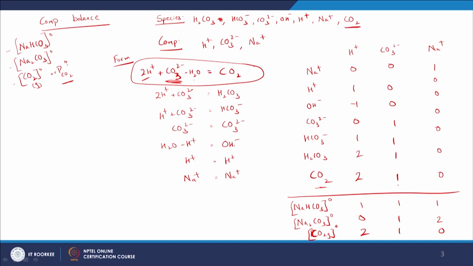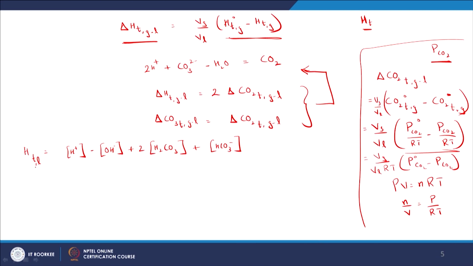Let us look at the tableau once, and that is what we see here, 1, 2, 3, 4, and obviously carbon dioxide, but here we are only looking at the liquid phase, so we are going to omit carbon dioxide here for now, right. But obviously what is this going to be equal to now? This, as we know, is going to be equal to HTL initially plus any change from the gas to liquid, right, and that is what we looked at here.